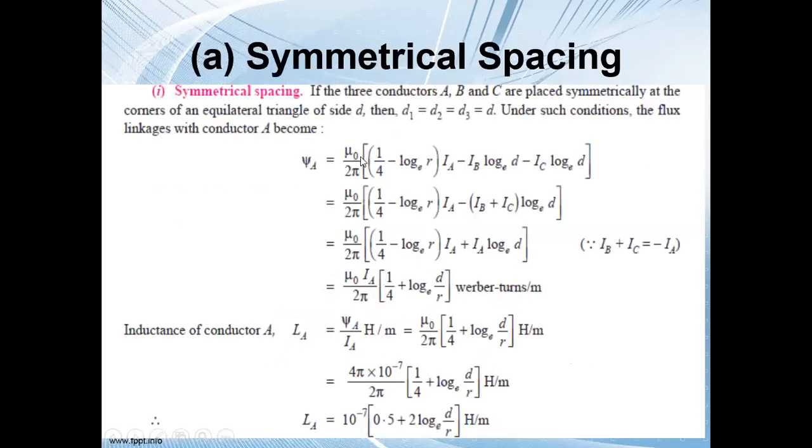This becomes mu naught by 2 pi into 1/4 minus log R into IA, minus IB into log D, minus IC into log D. This log D will be taken common between these two, so minus (IB plus IC) into log D. Now here you see IB plus IC will be equal to minus IA, so this minus becomes plus, which means IA into log D. Now mu naught IA by 2 pi, this will be 1/4 plus log D by R. Yes or no?